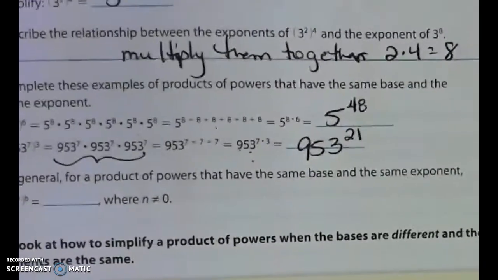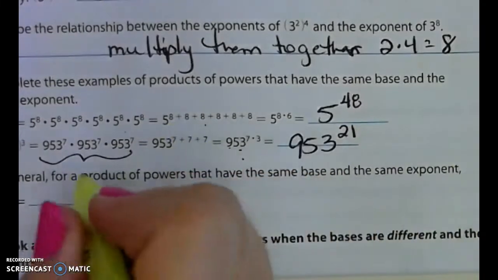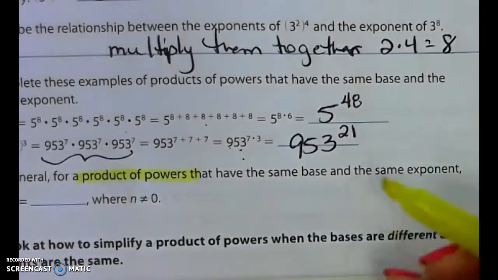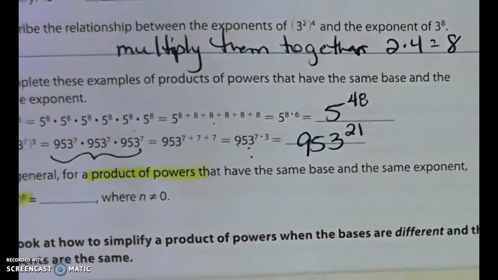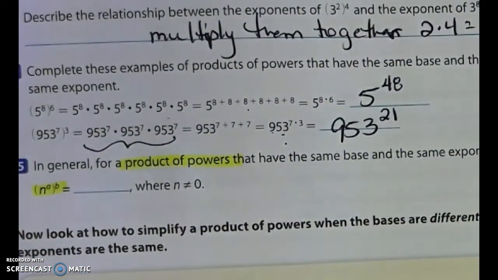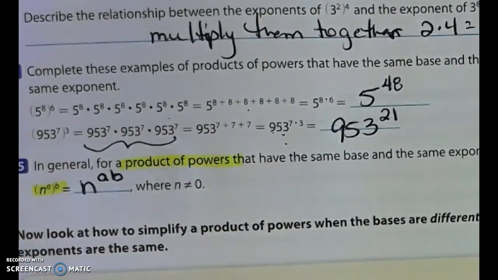In general, here's your rule. In general, for a product of powers that have the same base and same exponent, n to the a to the b is equal to n to the a times b, as long as n, the base, does not equal 0.